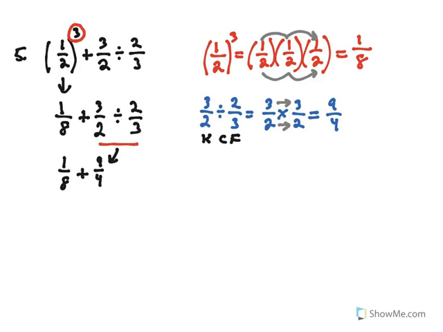So if you have 1/8 plus 9/4, if you want to just find the common denominator, it would be 8, and then you times the whole right fraction by 2. Okay, but if that confuses you, then just do the butterfly method for now. And I will do a separate video when finding the common denominators and greatest common factor, the lowest common denominator. I'll do that in a separate video. Okay.